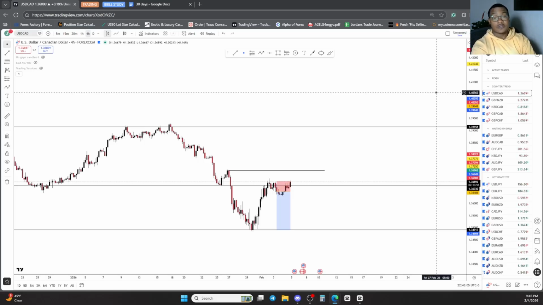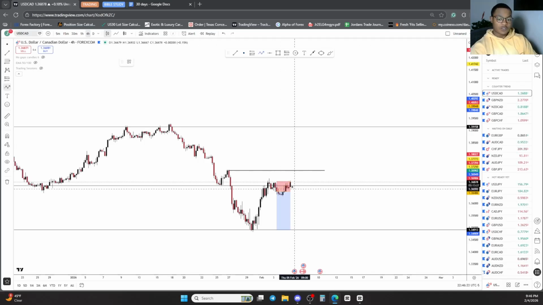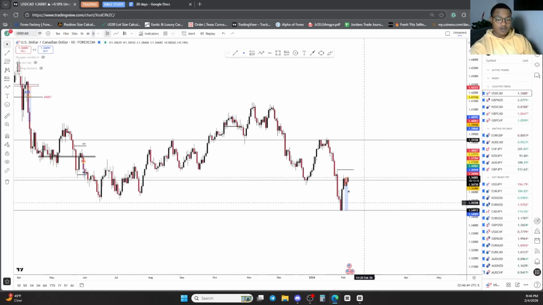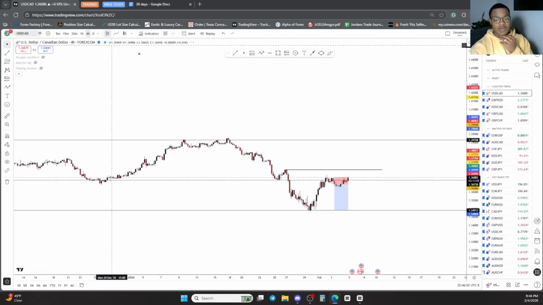If I do find a trade Thursdays, I end up taking it and possibly swinging it over the weekend. But I am looking for price to have this push, give us a break of these 4-hour highs, come back down, retest, and then have that continuation where we react and adapt. Looking for price on the daily time frame to get above this area of support/resistance, treat this area as our support so we can possibly catch that trade towards the upside. So we're going to see what happens.